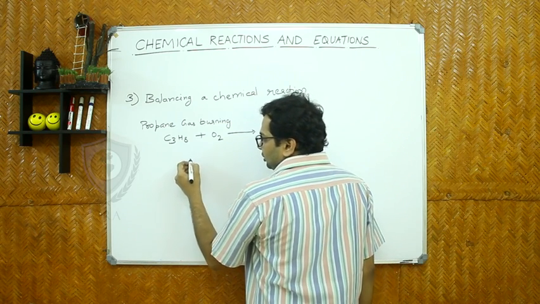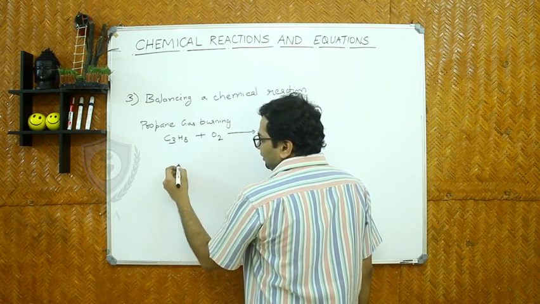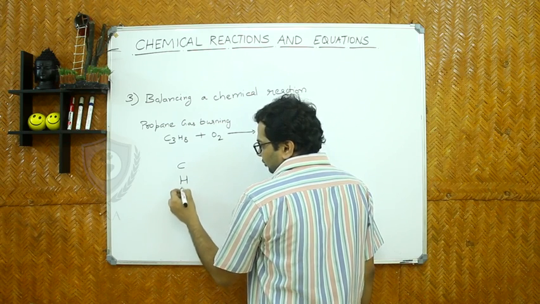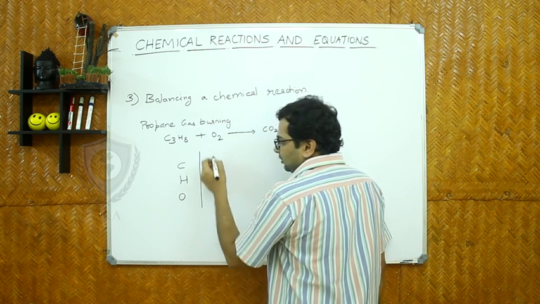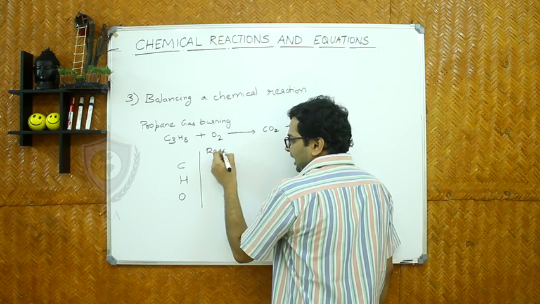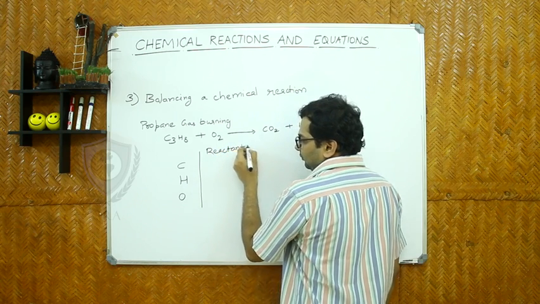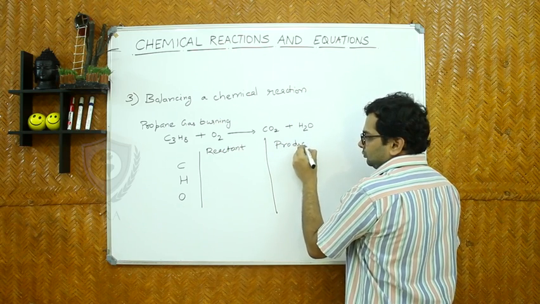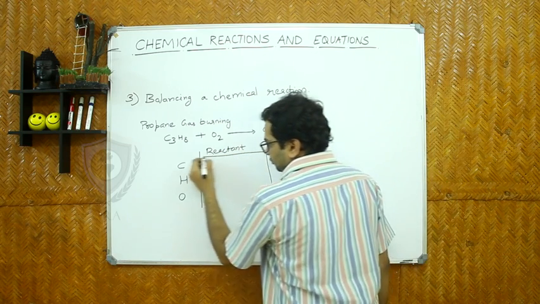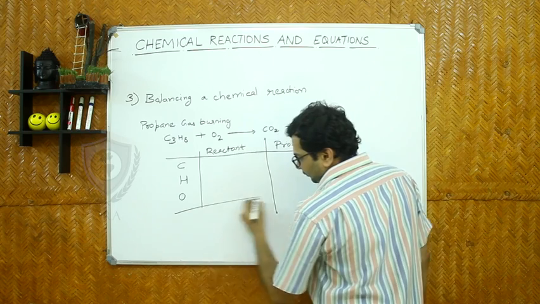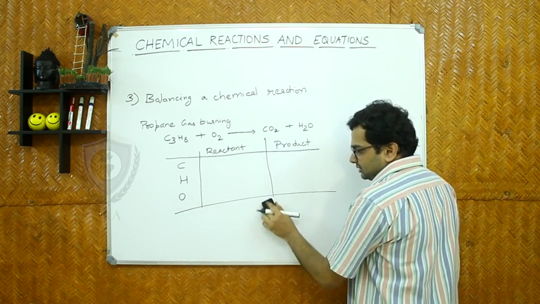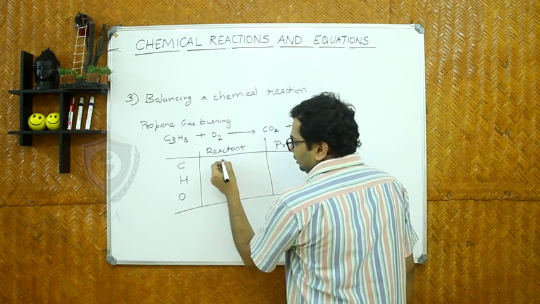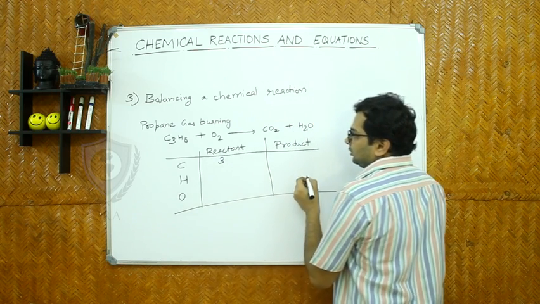So let's look at this particular equation. It has 3 elements: carbon, hydrogen and oxygen. Now let's look at what is the situation on the reactant side and what is the situation on the product side. So carbon on the reactant side has 3 atoms, right?